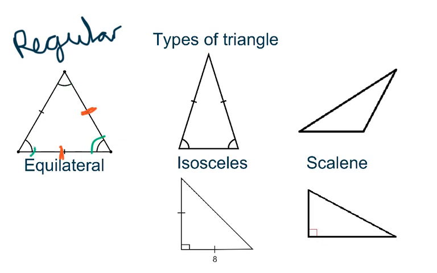And that regular triangle is called an equilateral triangle. Equal. And it's easy to remember because it's got equal in it. It's not quite spelt equal, but it's got the word equal in it because the sides and the angles are equal. So that's our equilateral.